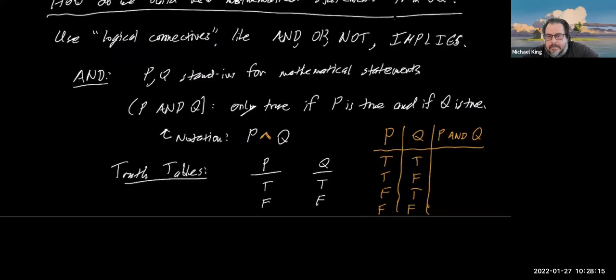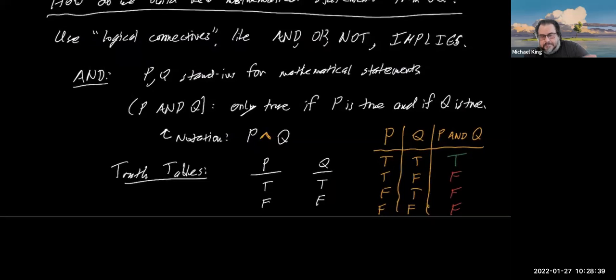And you can just fill this in using the idea up here. It's basically only true if P is true and Q is true. So we get true here, and all the other possibilities are false.